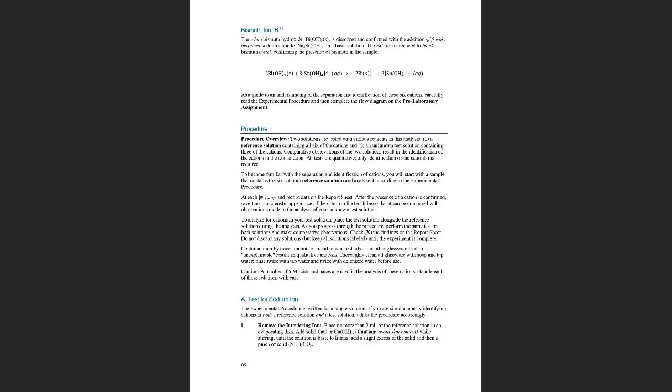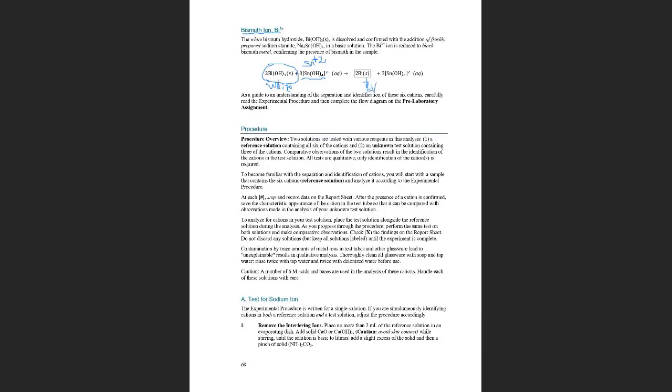With the bismuth, you also want a confirmatory test. So you have the white solid, and you are going to add sodium stannite. The sodium stannite basically is tin plus 2. It's a redox reaction. So when you add that, the white precipitate turns black.